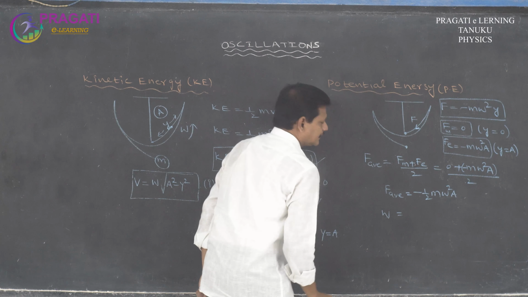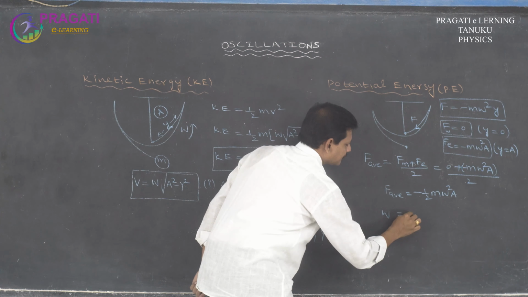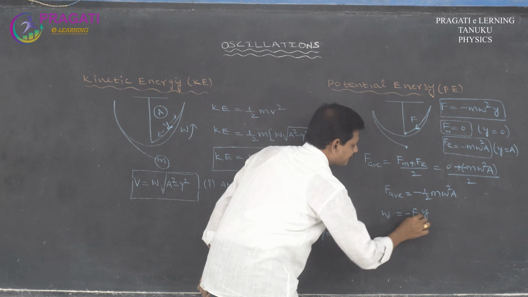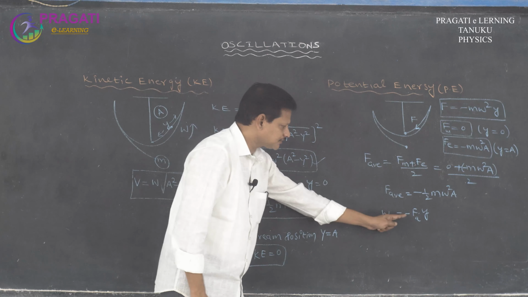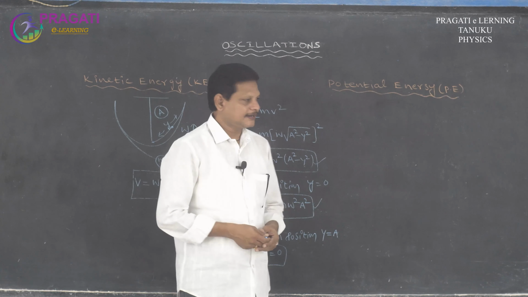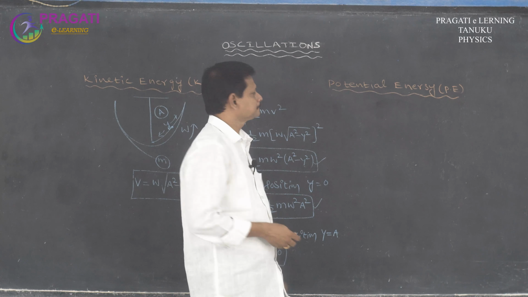Work done against the restoring force to displace the particle is minus F into y, that is minus average force into y. Next, expression for potential energy of the particle in SHM.